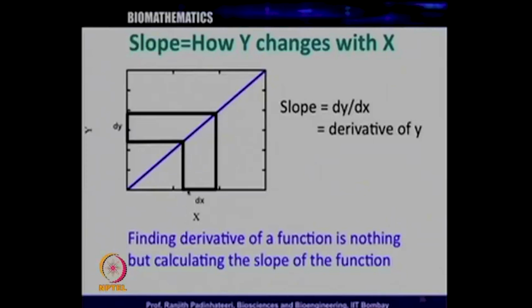You move along the x axis a certain small distance dx and see how much the y value changed. The corresponding y value is this. So, if you moved a distance along the x axis, the y value also changed by a certain amount dy, and this ratio dy by dx is called slope.